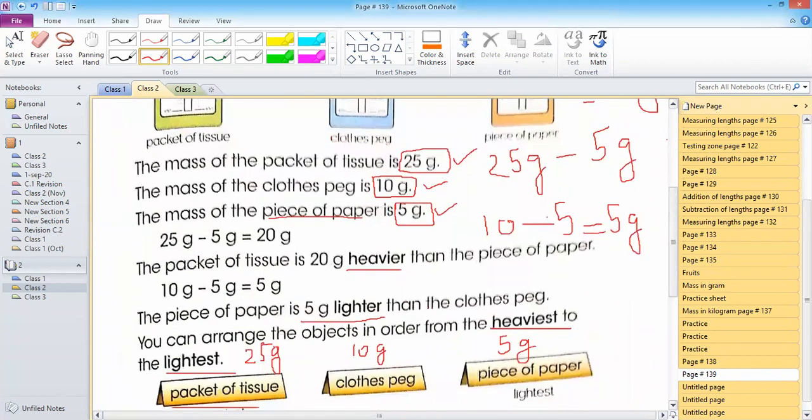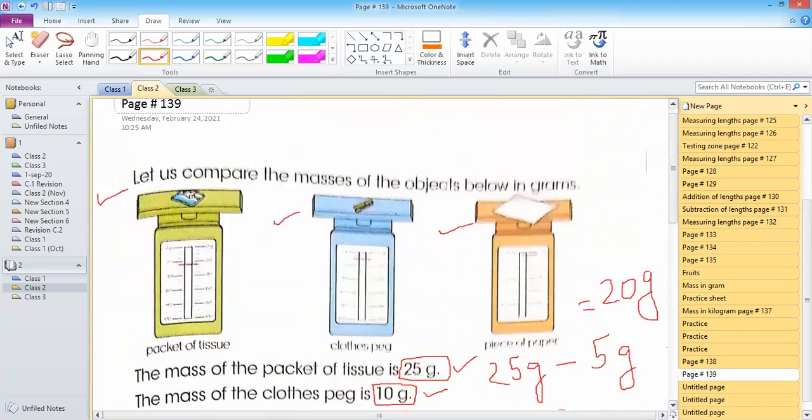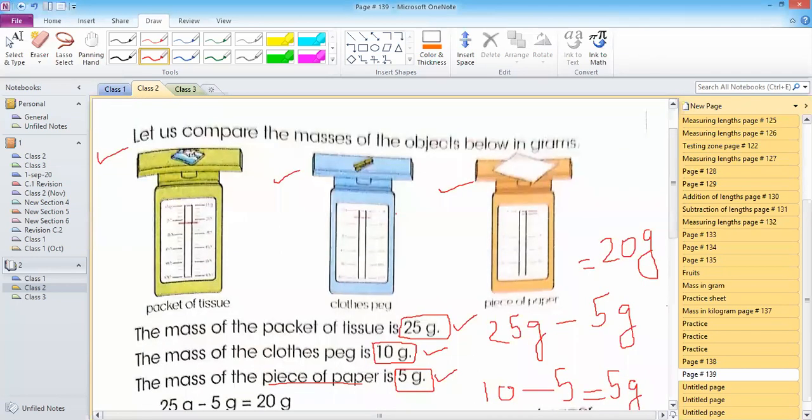Now what you need to do, guys, you need to compare the masses. First you need to check which is the heaviest among the packet of tissue, cloth pack, and piece of paper. So this is 25 gram, this is 10 gram, and this is 5 gram. 25, 10, and 5.